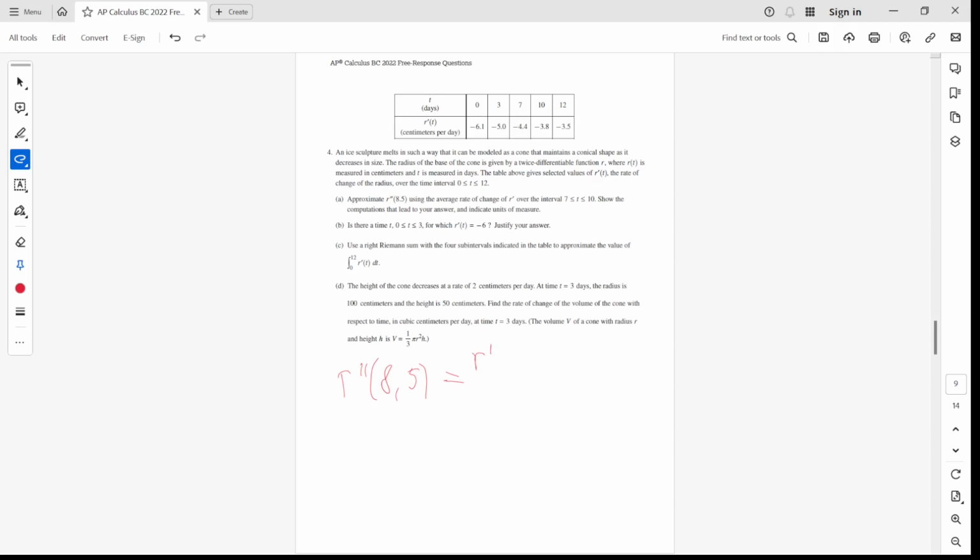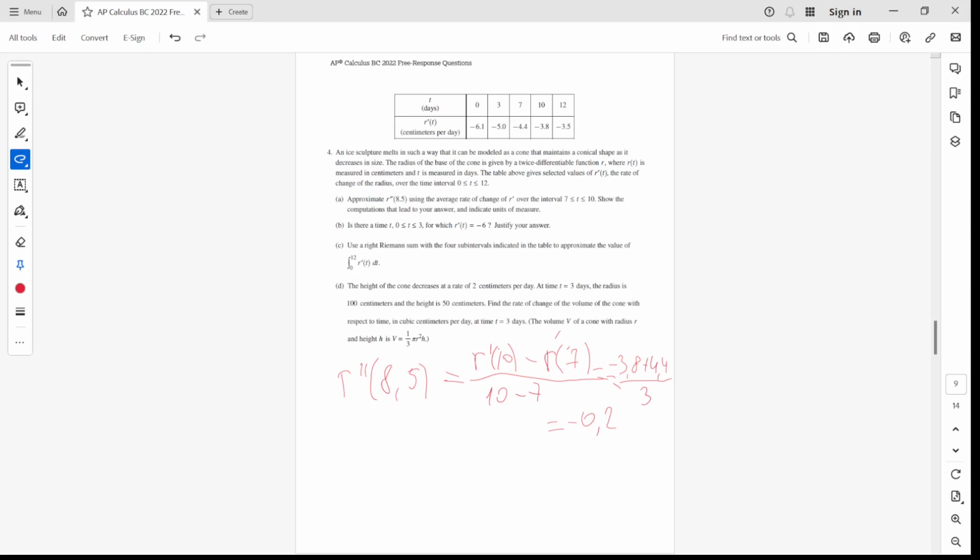So it's basically the derivative of r when t is equal to 10 minus the derivative of r when t is equal to 7, divided by 10 minus 7. And when we plug in these numbers, we will get minus 0.6 divided by 3, and it's just minus 0.2.